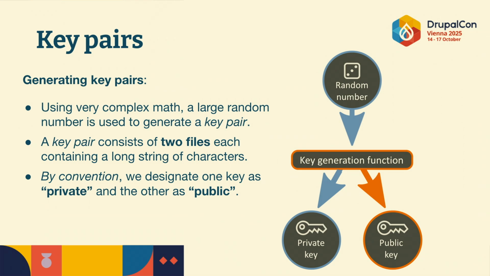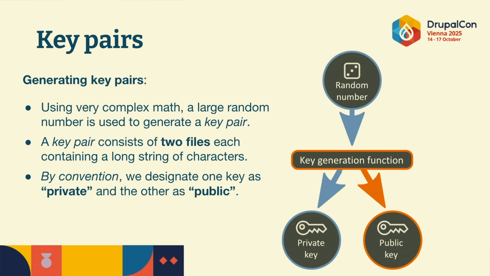So when we talk about keys in the public key cryptography sense, what we mean is these files that contain long strings of characters. They look random to us, they're not, and they have some special properties. Essentially we use very complex math that I do not pretend to understand in any way, shape, or form. I just trust the PhDs on that front. They use very large random numbers to generate these two files, these keys, that have a relationship to each other that we're going to look at in a moment.